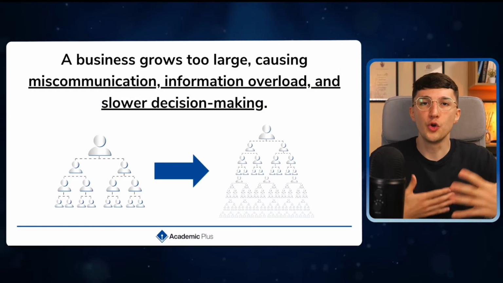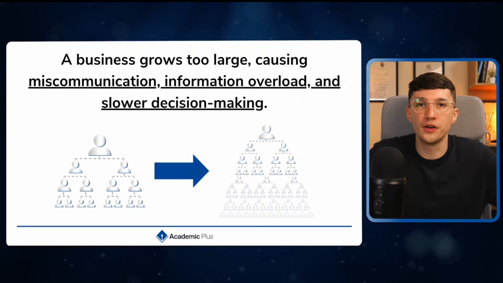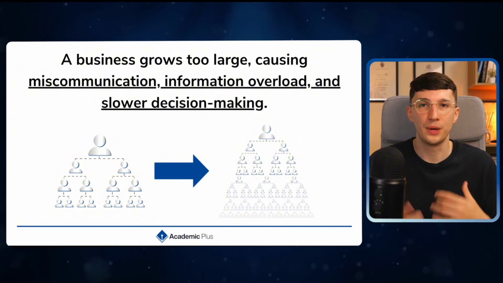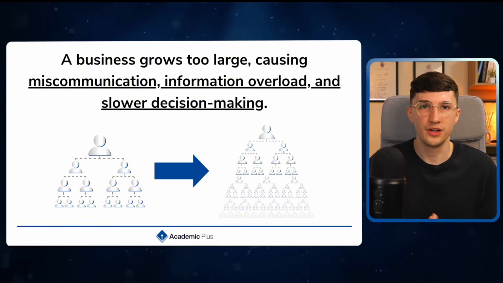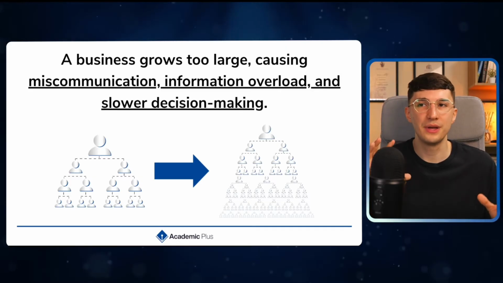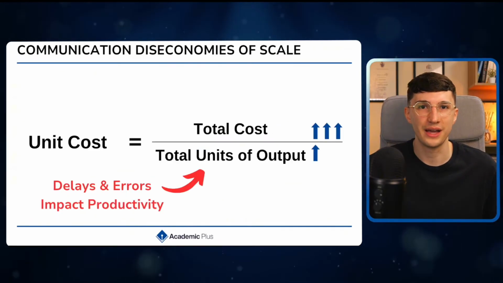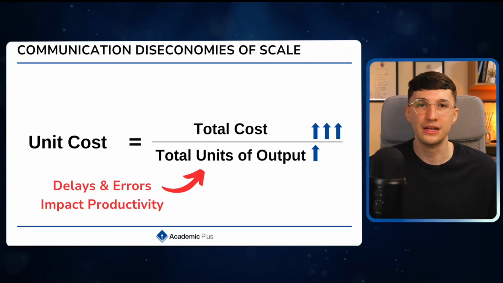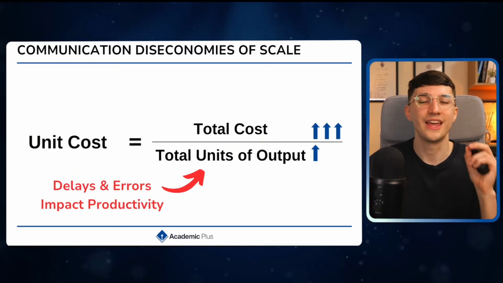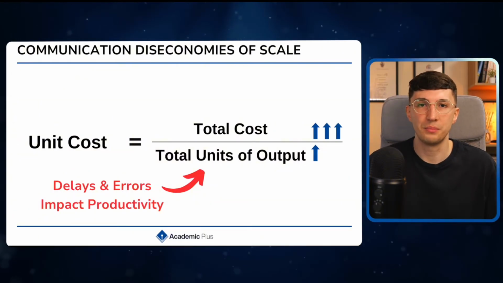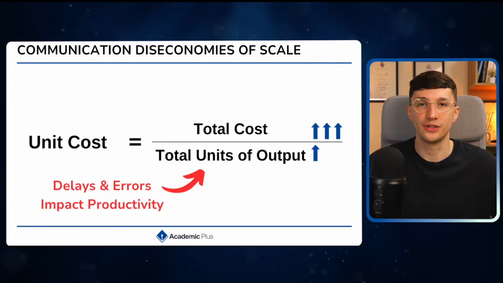And not only that, your managers may now have to have a wider span of control. They may need to communicate to more people and have more people report to them. So communication becomes distorted, it becomes delayed, and the business may result in slower decision making. So how does that increase our unit costs? Well, simply those delays, those errors, they negatively impact our productivity. So we're still growing as a company, but our total costs are growing at a greater rate.